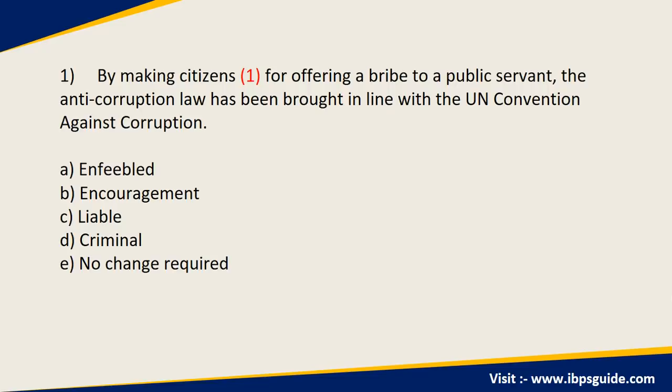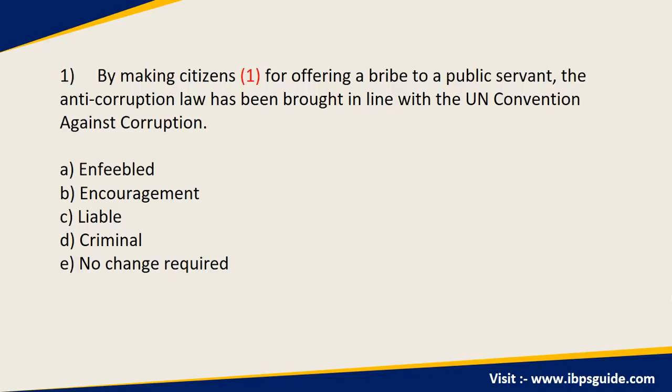So when you look at the context, they're talking about something that has been done to make the anti-corruption law stronger, right? So do you think that by making people feel weak and powerless, you can improve the anti-corruption law? That doesn't make sense contextually, right? Although grammatically it is fine. So the other option is liable, and liable means responsible, right?